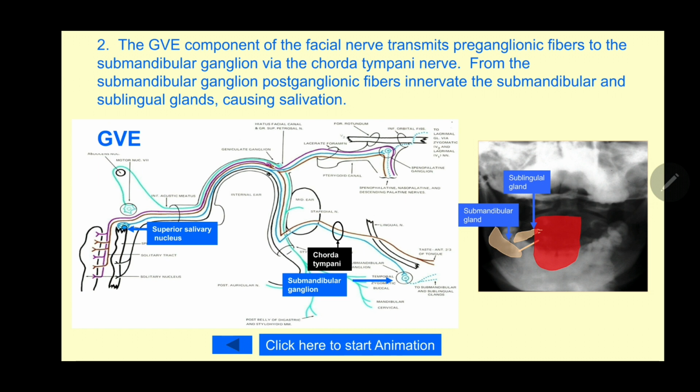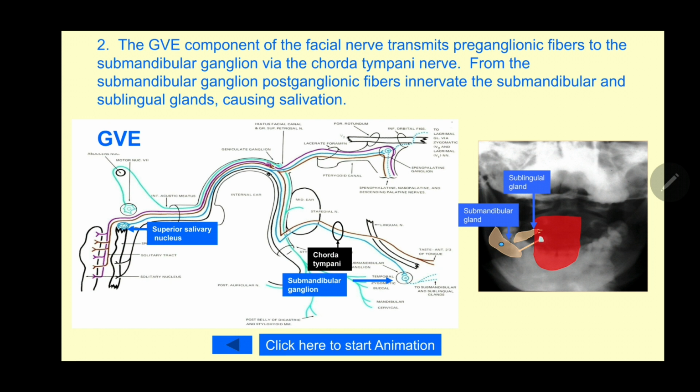So now look here, the impulse will arise again from the superior salivatory nucleus. You can see how the impulse takes this course. They will relay here in the submandibular ganglion.